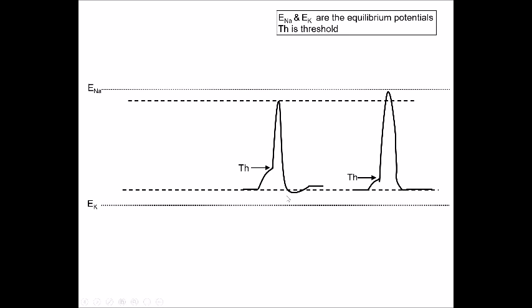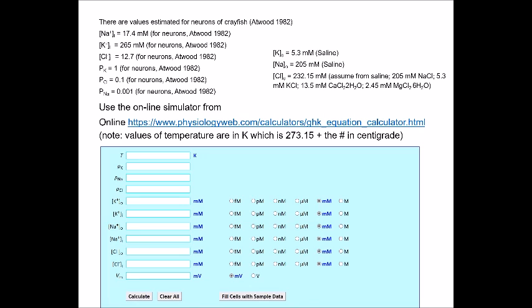Because if you open up a potassium channel, it's going to want to go towards there. If we have fewer of those calcium-activated potassium channels, we might not see that hyperpolarization afterwards. So these are some factors to think about in the shape of the action potential.